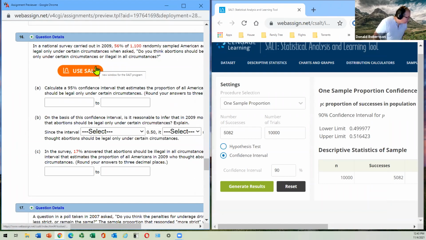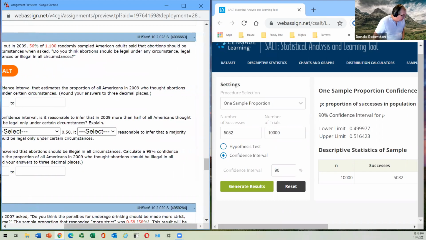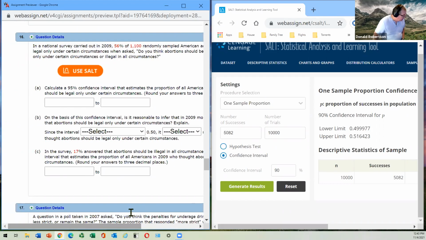In a national survey in 2009, 56% of 1,100 randomly selected American adults said that abortions should be legal under certain circumstances. Okay, so it's a classic are-you-in-favor-of-abortion question, right?